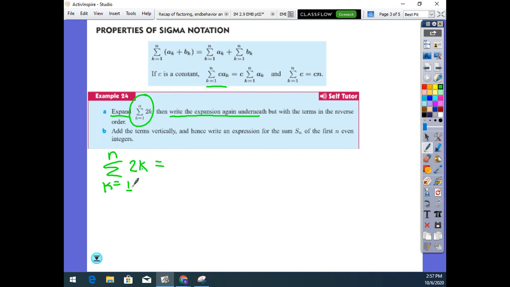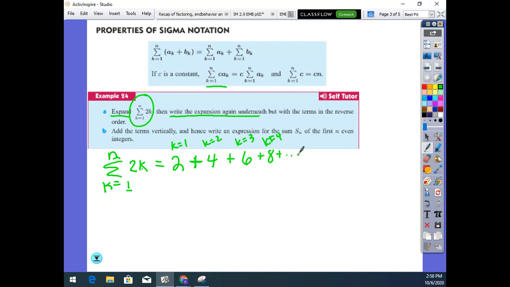So 2 times 1 is 2, plus, because if we're using this sum notation, we need to add them together. Then I go from 1 to 2. 2 times 2 is 4. This is where k is 1, this is when k is 2, plus 6 is when k is 3, 8 is when k is 4. And I'm going to go dot, dot, dot.